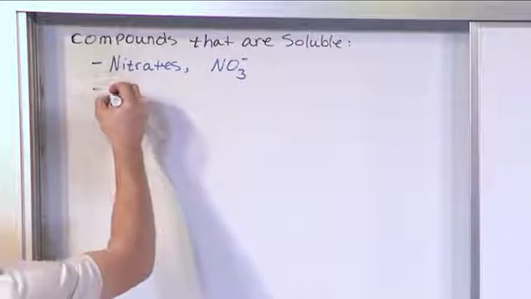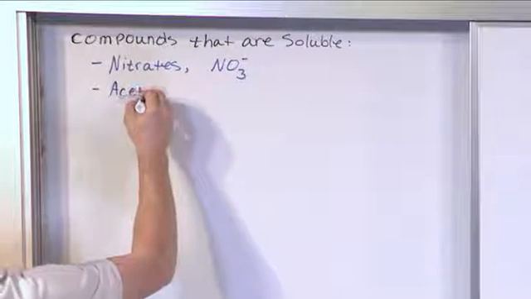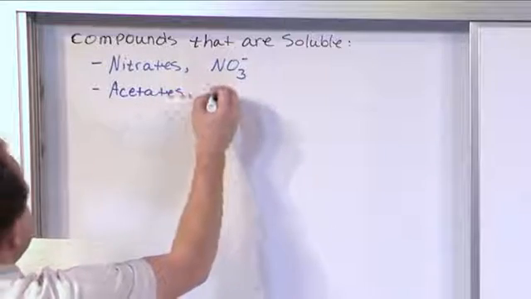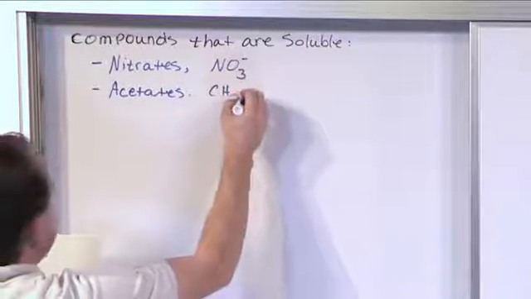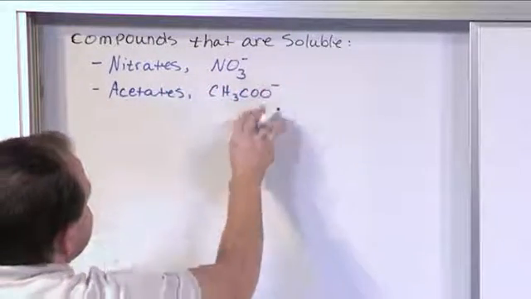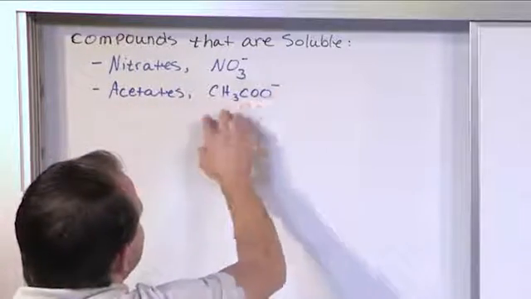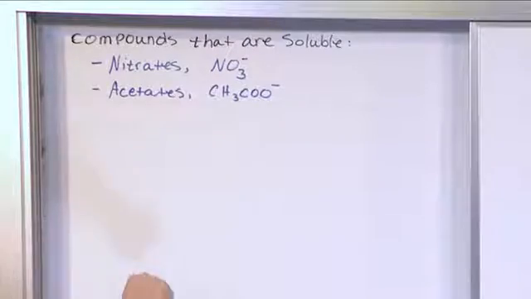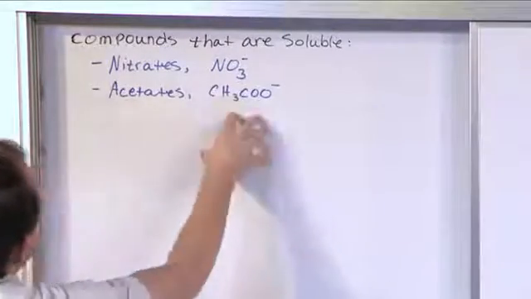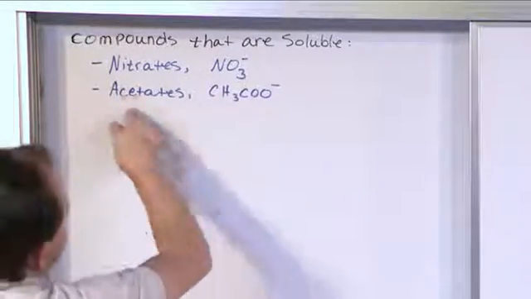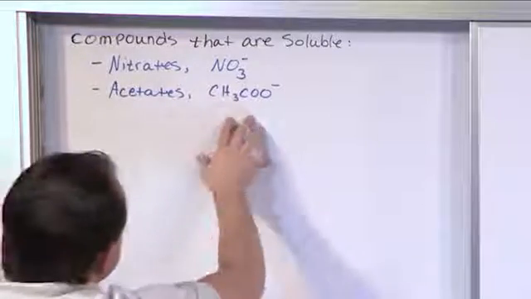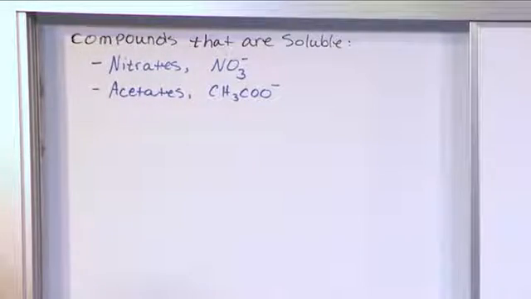Okay? Acetates, which are things with a CH3COO with a negative there. This looks a lot like acetic acid, right? If you stick an H at the end here and it bonds with hydrogen, we call it acetic acid. But in general, you could have sodium acetate, magnesium acetate, lithium acetate, things like that. These things are going to be soluble in water.